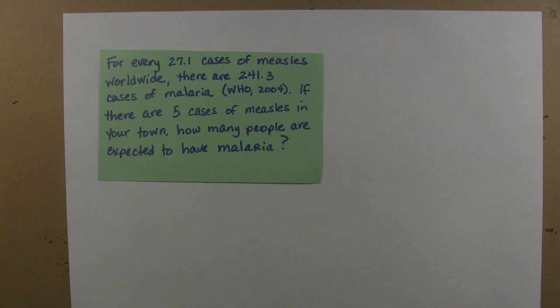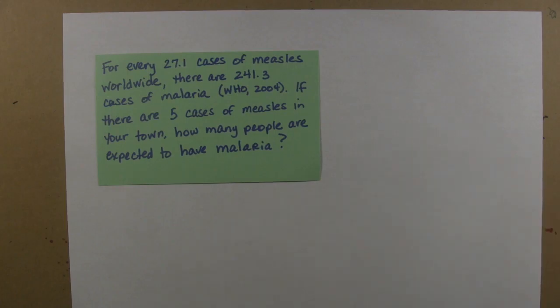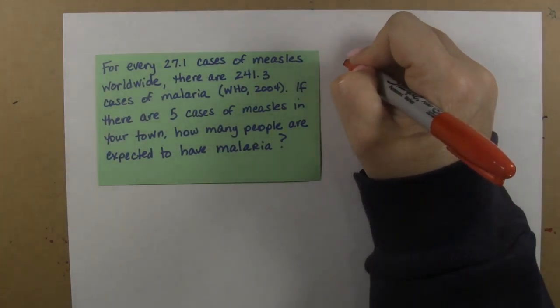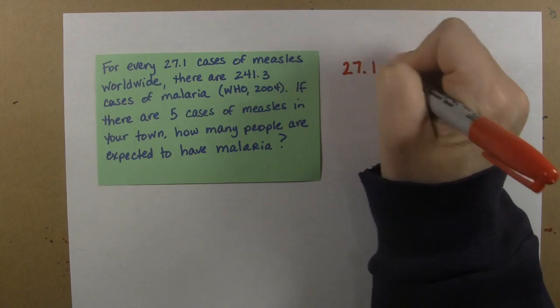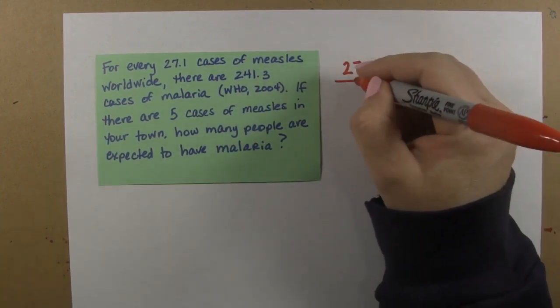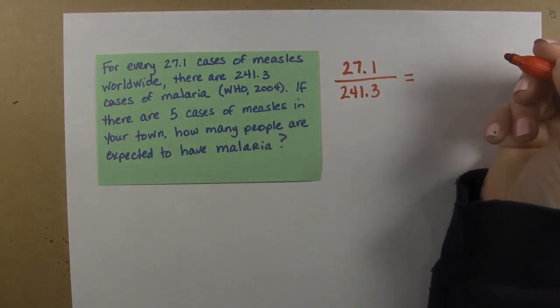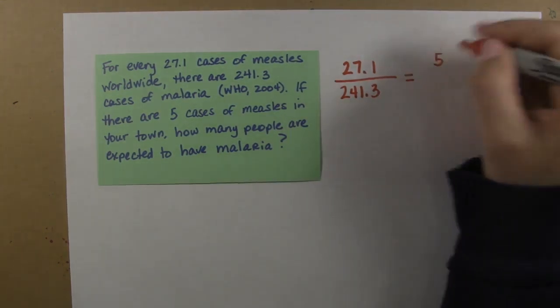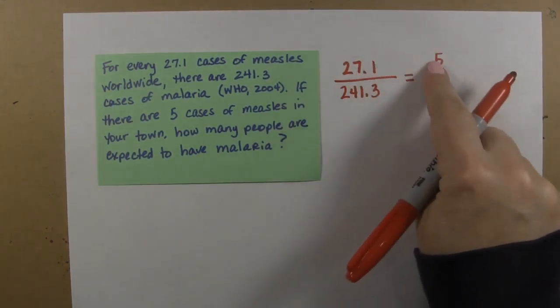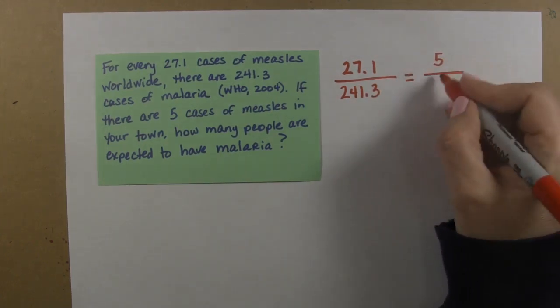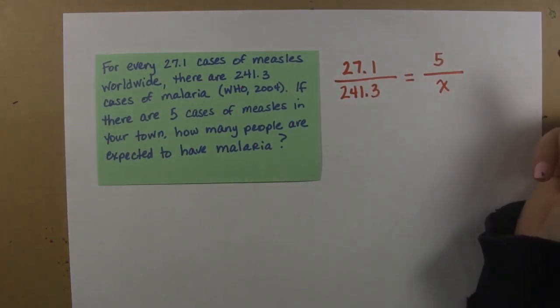So if there are 5 cases of measles in your town, how many people are expected to have malaria? Okay, so I'm going to set up measles to malaria. And I'm going to have that equal to the 5 measles, because I'm keeping my measles on top, how many people are going to have malaria.